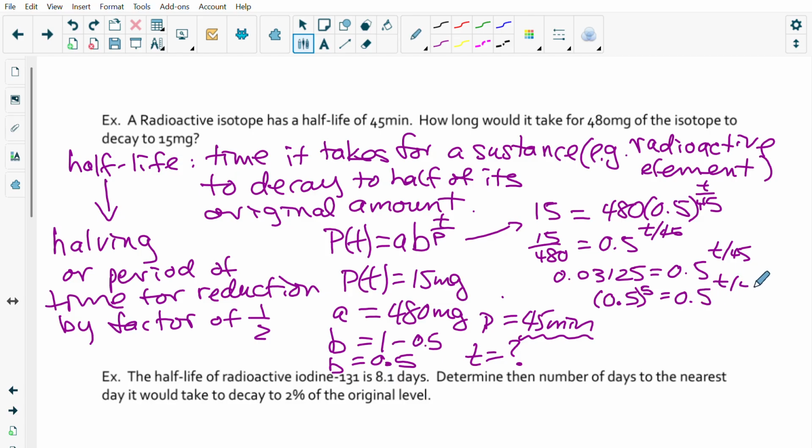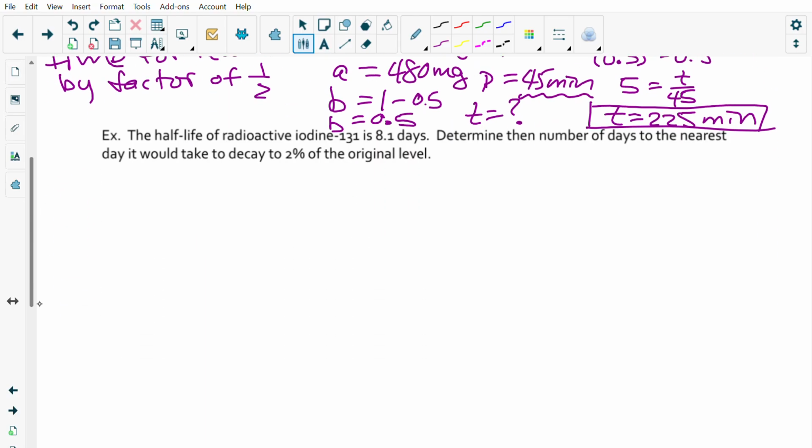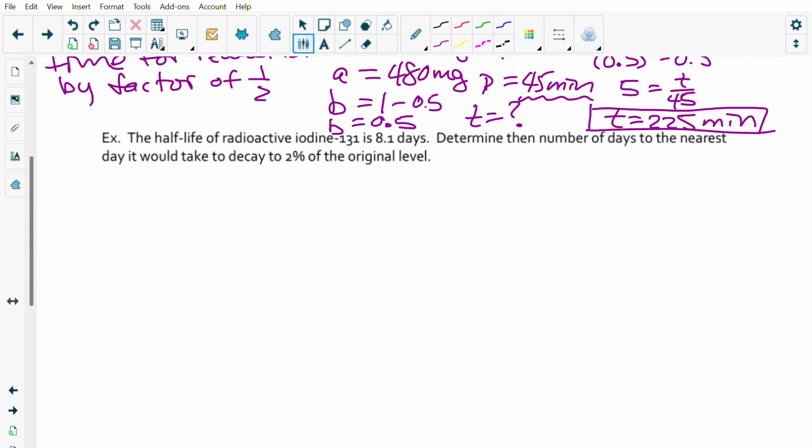If you kind of play around with the numbers, that's 0.5 to the T over 45. The bases are the same, so I can make the exponents equal to each other. So time equals 225 minutes. So what does that mean? It takes 225 minutes for a radioactive isotope to decay from 480 to 15 milligrams.